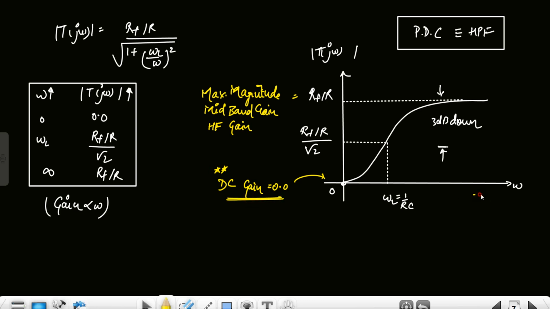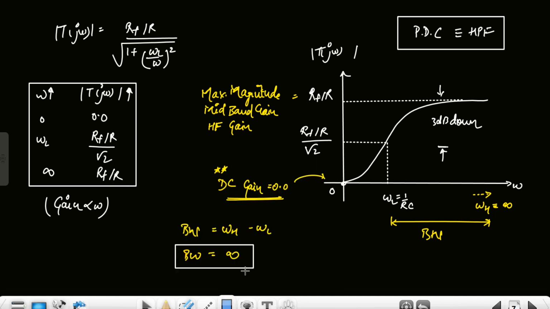Now this is the low 3 dB frequency, and for a high pass filter the higher 3 dB frequency is lying at infinity. So this is the bandwidth, right? So this bandwidth is omega H minus omega L, which will be infinite because the higher 3 dB frequency is infinite.